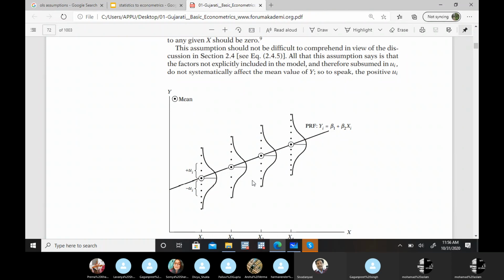If this assumption does not hold, what will be the problem? Biased estimates, yeah, true. But what does that mean?